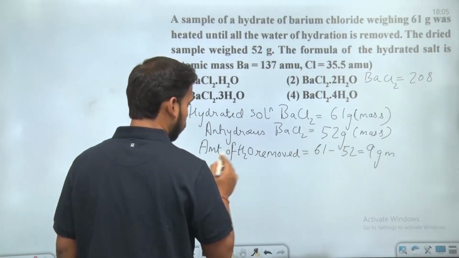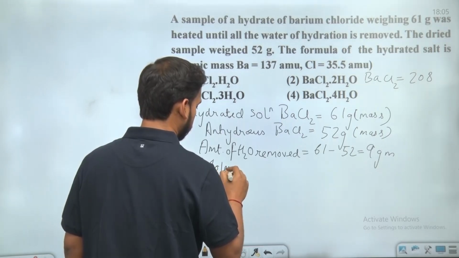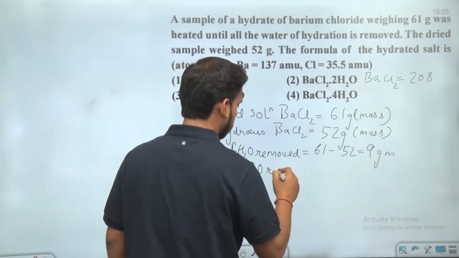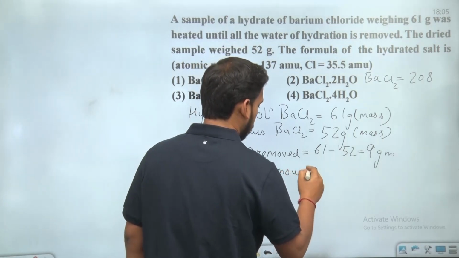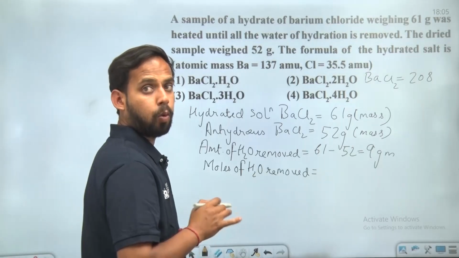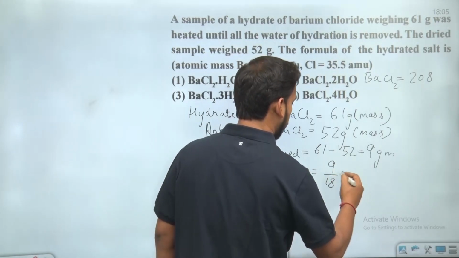So the moles of water removed will be the mass divided by the molecular mass of water, 9 divided by 18, which is 0.5.